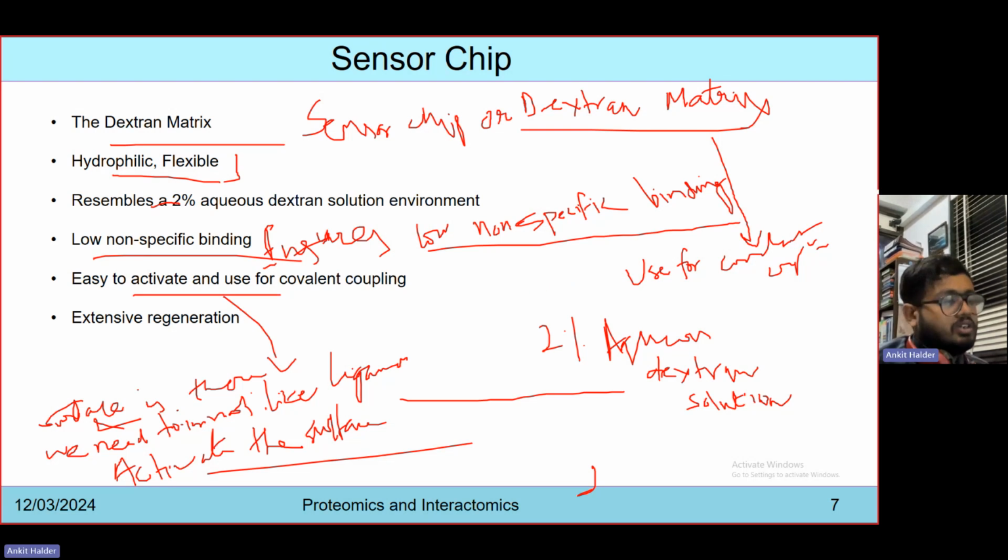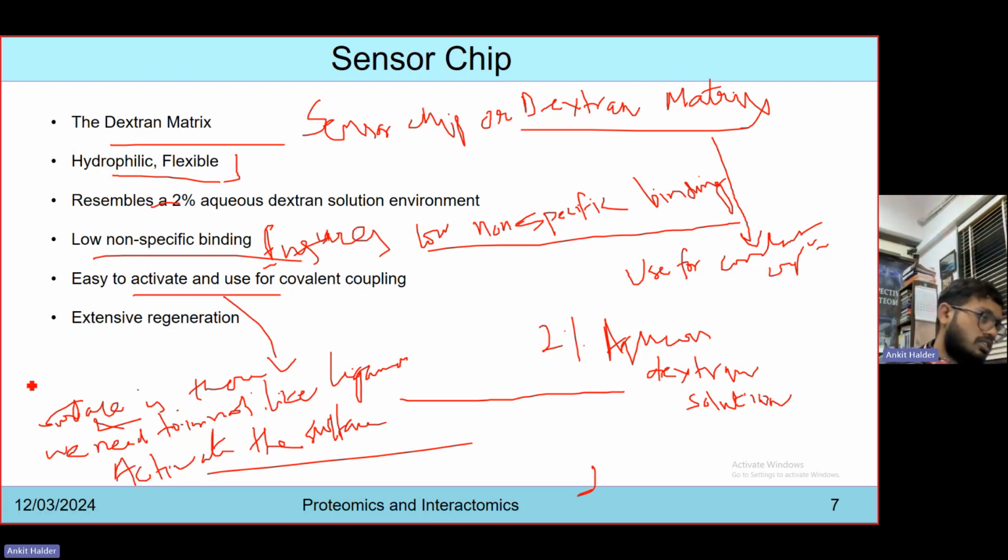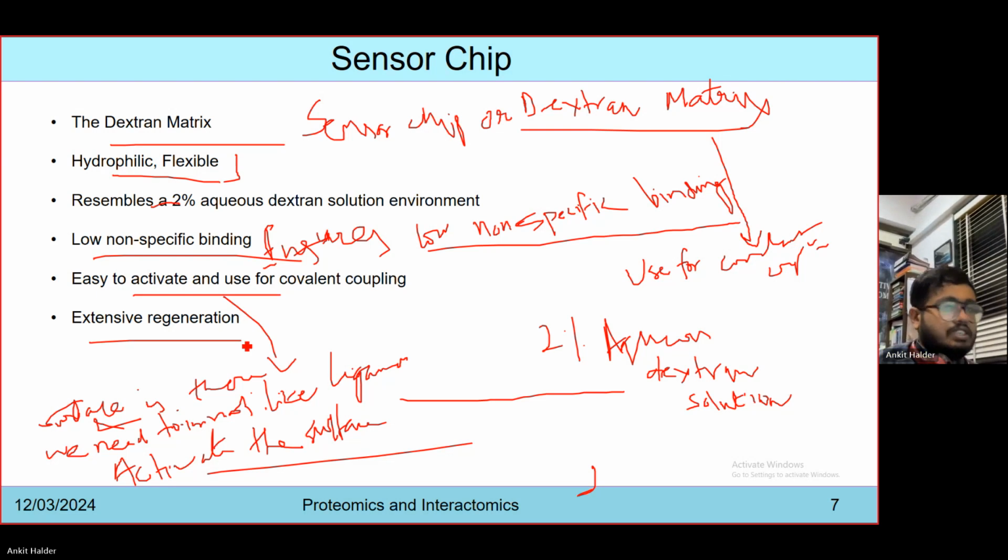And finally, another important thing is that it can be used for extensive regeneration.